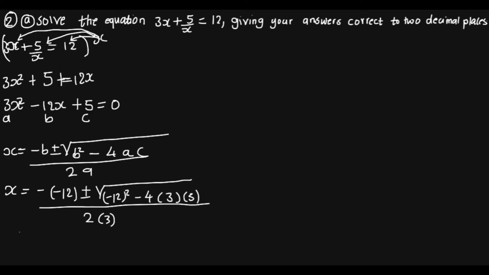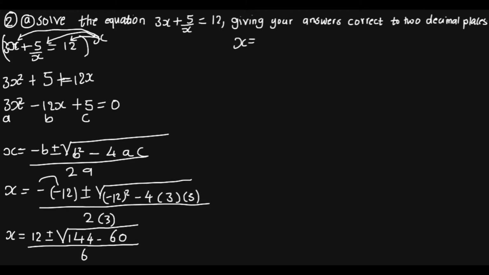Okay, so now we can proceed. x is equal to, negative times negative, we get positive 12 plus or minus the square root of negative 12 squared, which is 144, minus 4 times 3 times 5, we get 60, divided by 6.